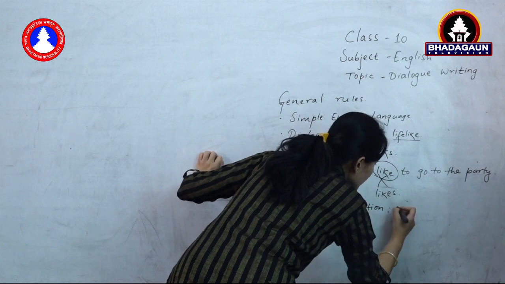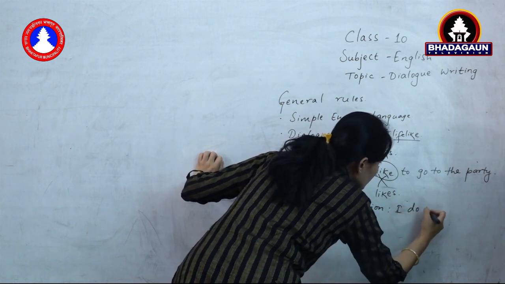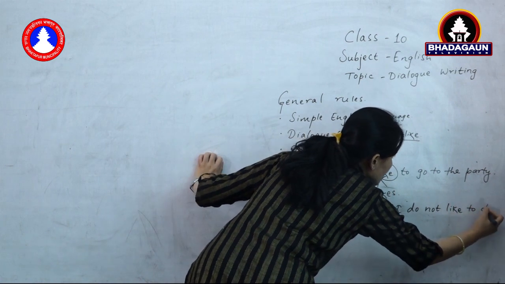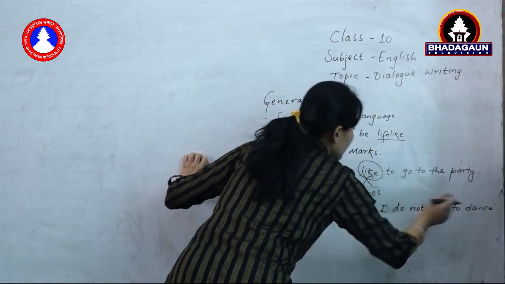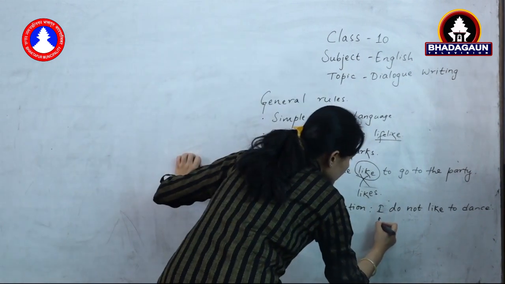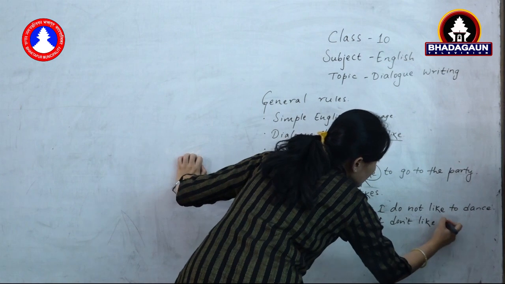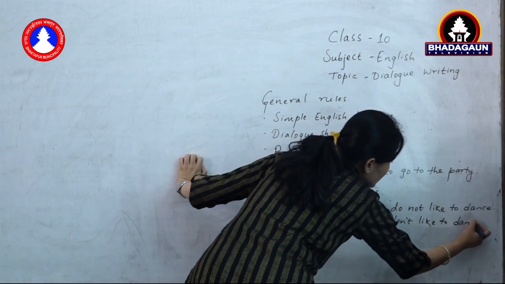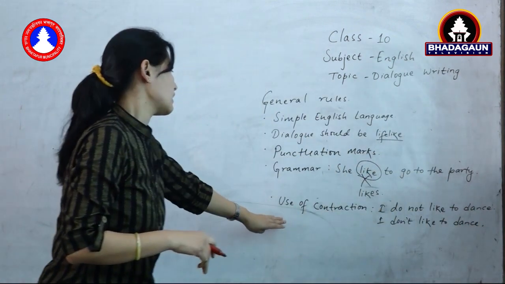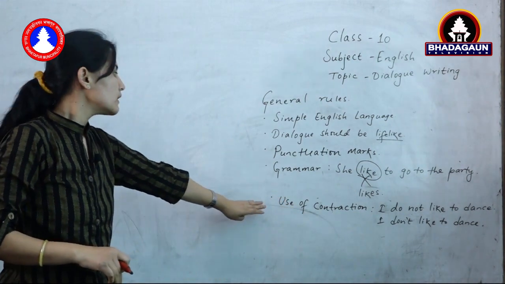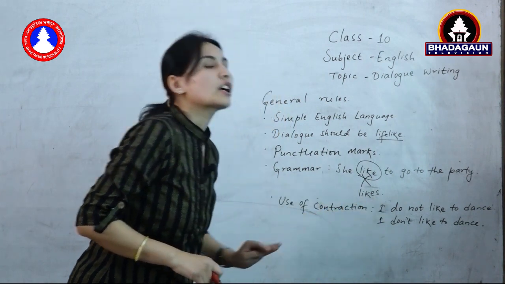Instead of writing "I do not like to dance," you can write "I don't like to dance." So I stress to use contraction in a dialogue.